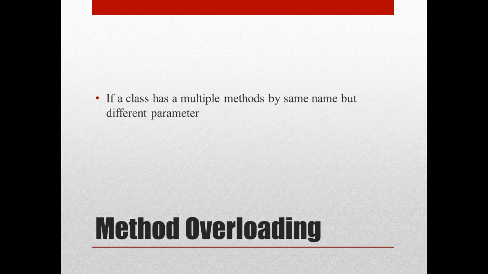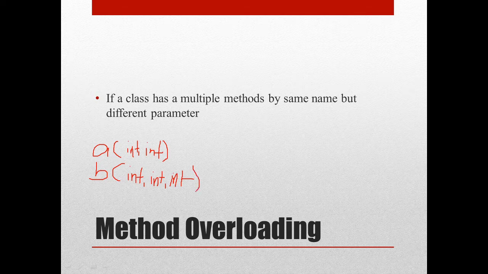If you write a method for instance, a with an integer and another integer for two parameters, and b with an integer, another integer, and another integer for three parameters, then it may be difficult for you as well as other programmers to understand the behavior of the methods because their names differ.